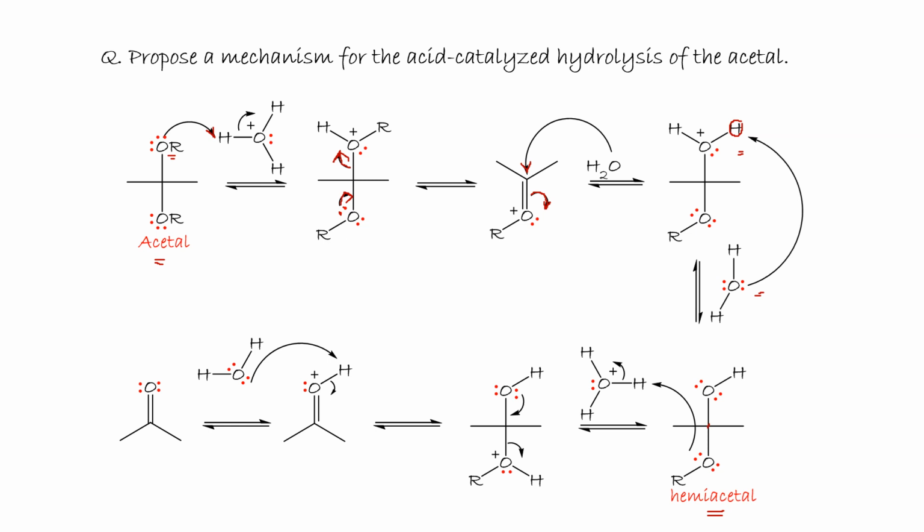The second oxygen OR will get protonated. Then the oxygen lone pair of the OH will kick the ROH molecule out. Proton transfer to another molecule of water will lead to the formation of the starting carbonyl compound.